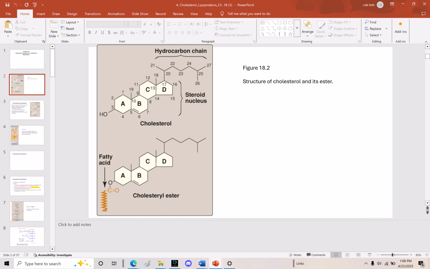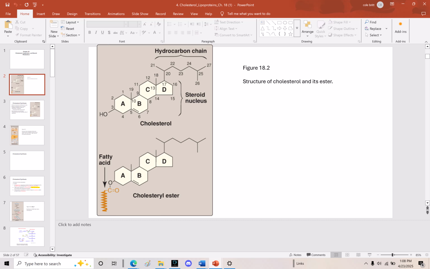You don't like water. You don't interact with water. There's this little area over here that would be hydrophilic, but it's just a small portion relative to the rest of it. Because this is such a large structure, most of it just a bunch of carbons, it is going to be insoluble in water, which makes this guy a lipid. It's hydrophobic.